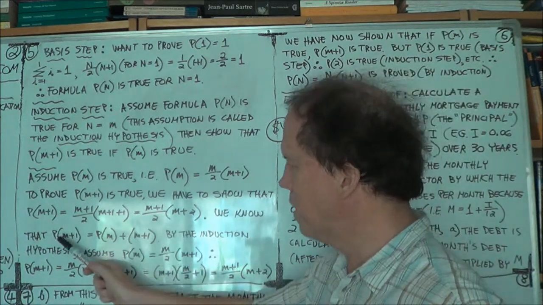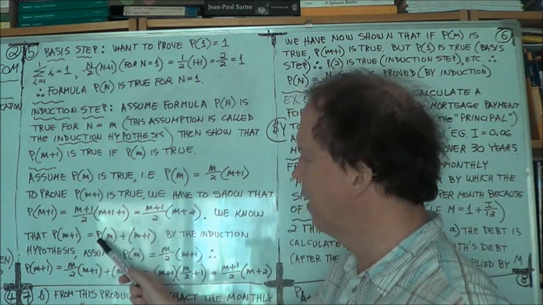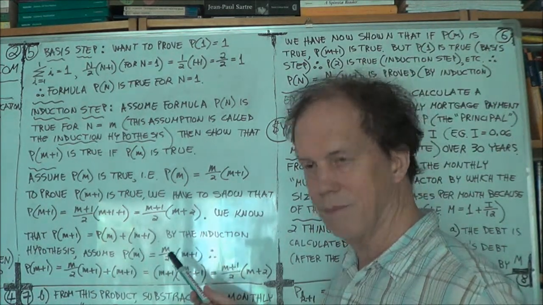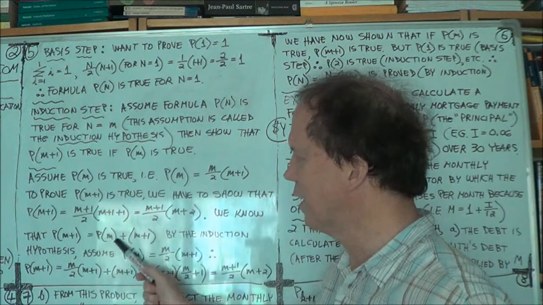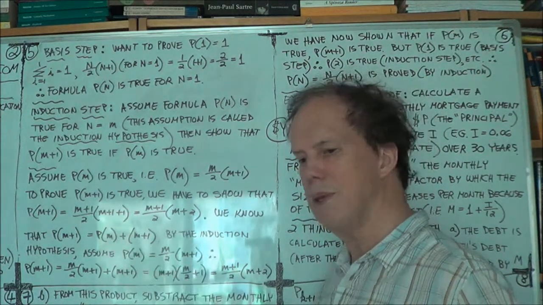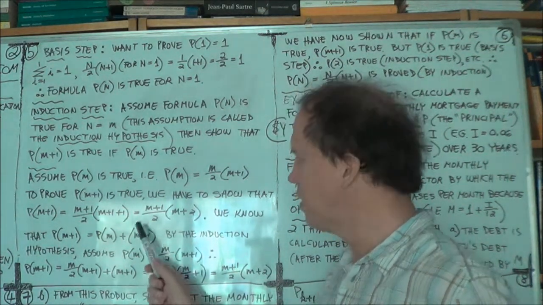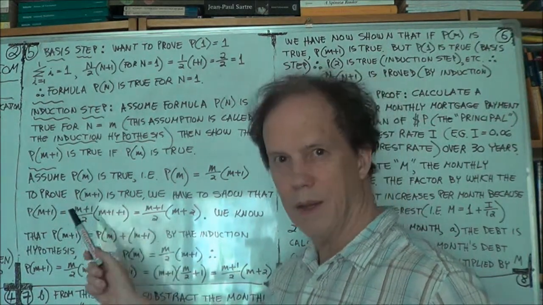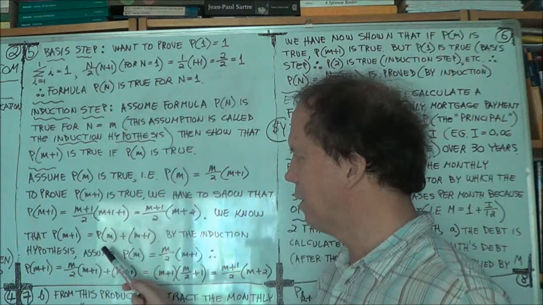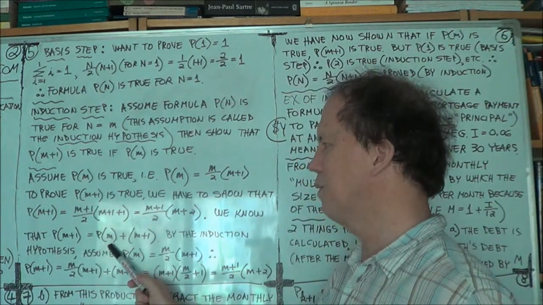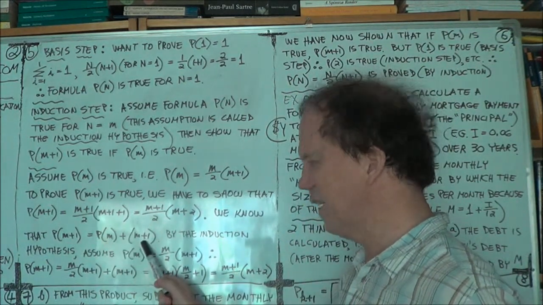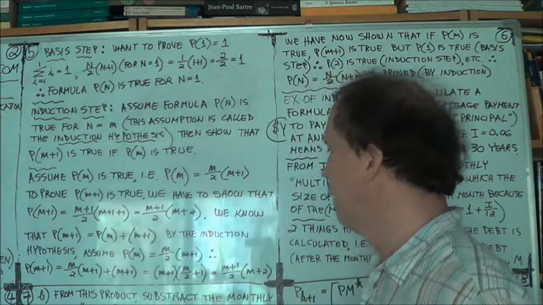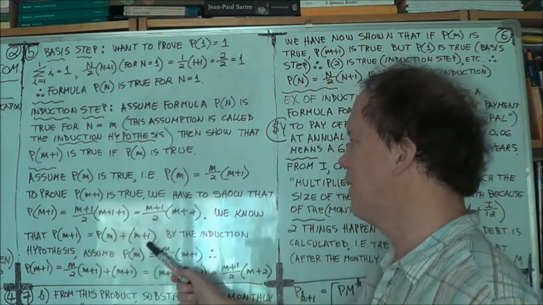P of m plus 1 is obviously P of m plus m plus 1. Because what is this by definition? It's the sum of the first m positive integers. Well, you're just adding one more to get the sum of the first m plus 1 positive integers. Obviously that's equal to the sum of the first m positive integers plus the next one. And what is the next one? Just m plus 1. Okay? So we know that that's true.